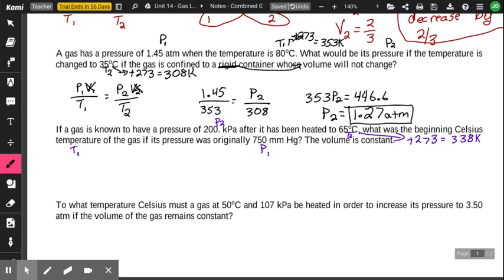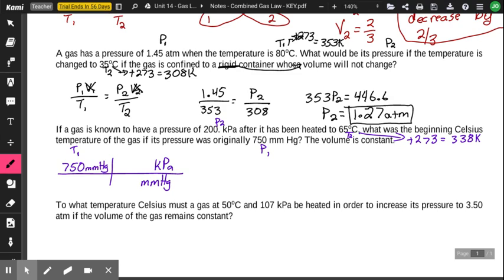All right, our pressures, if you notice, are not in the same unit. So again, I'm going to have to convert them into the same unit. I personally like the smaller unit. So I have kPa, I have mmHg, kPa is the smaller unit. So let's convert that mmHg. So 750 mmHg, convert that into kPa.